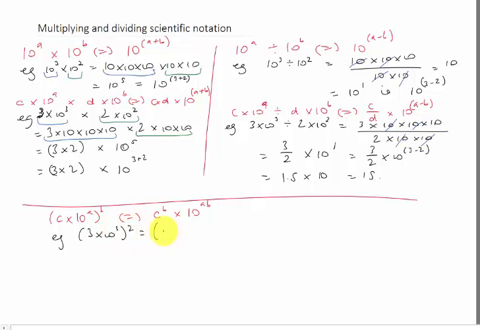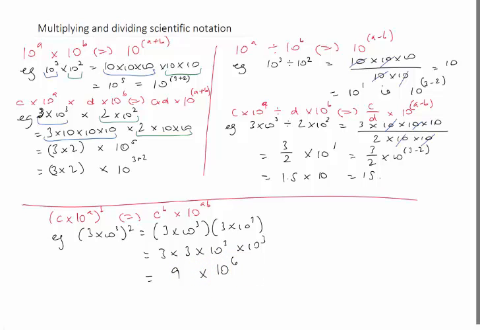That equals 3 times 10 to the third times 3 times 10 to the third, so you're multiplying it by itself. It all just goes together: 9 times 10 to the 6. This is 3 squared, and this is 10 to the power 3 times 2. So that matches what I've set up here.